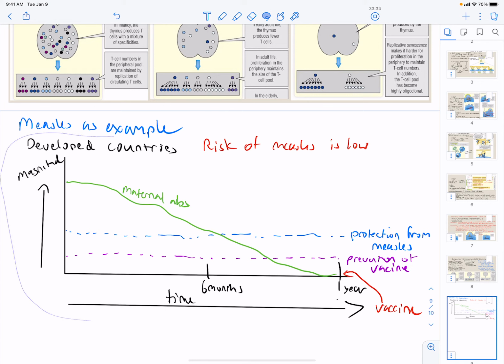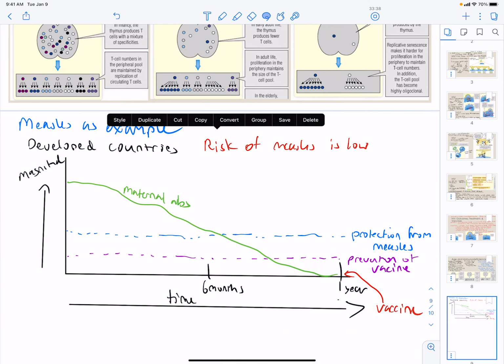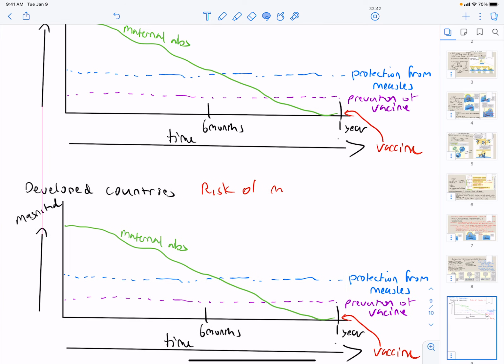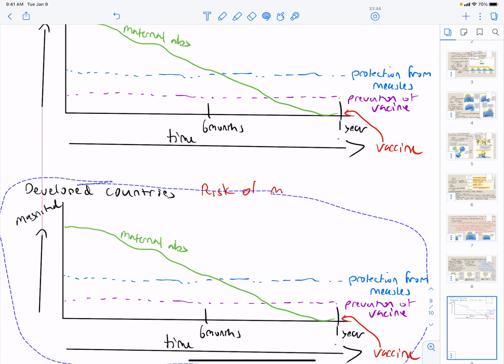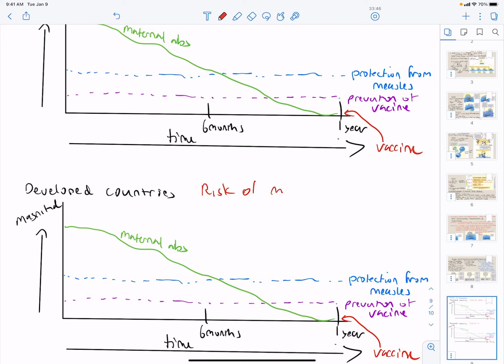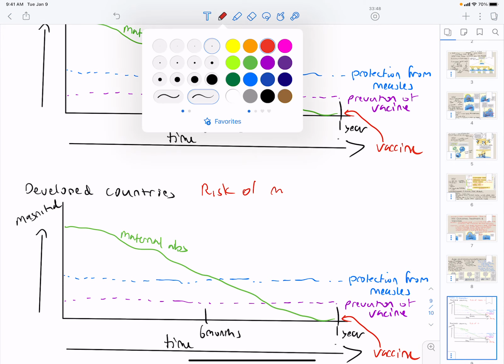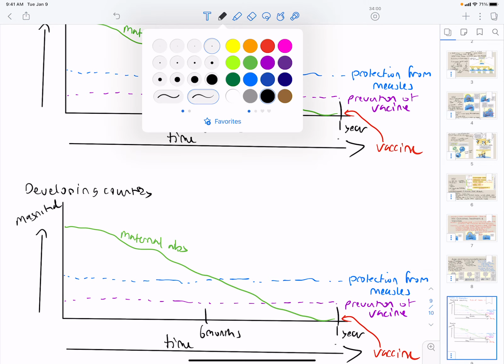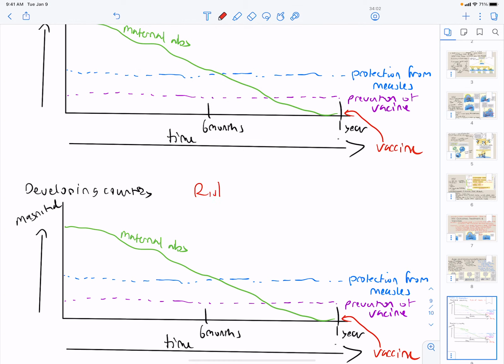Now when you take this image, and we look at it from the perspective of a developing country, now what's changing is the risk is high.